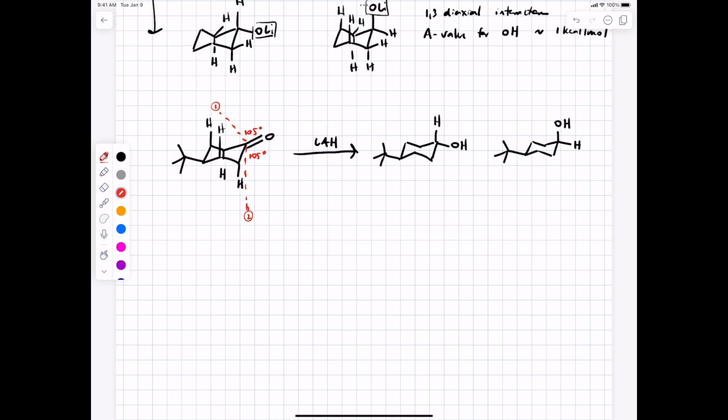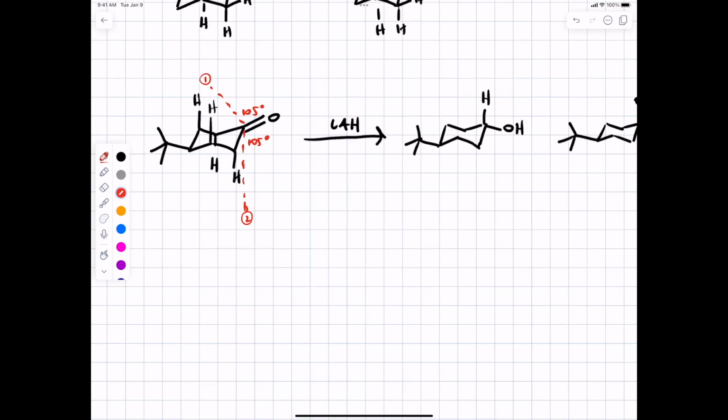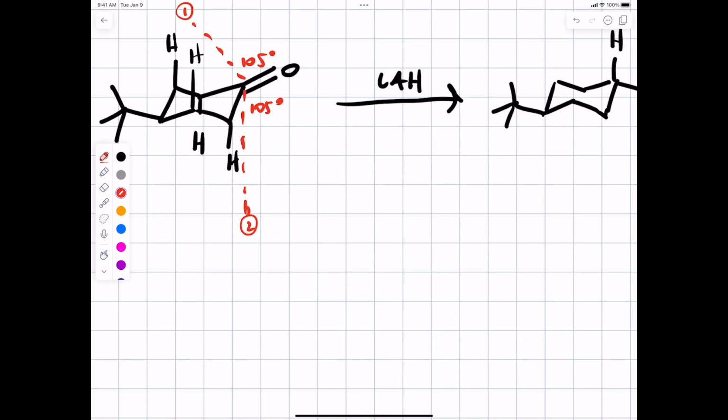If you approach from 2, you've got those axial alpha hydrogens that you're sort of pseudo-eclipsed with. Maybe that's okay, but potential steric problems. If you approach from 1, you've got those 1,3-diaxial beta protons in your way.